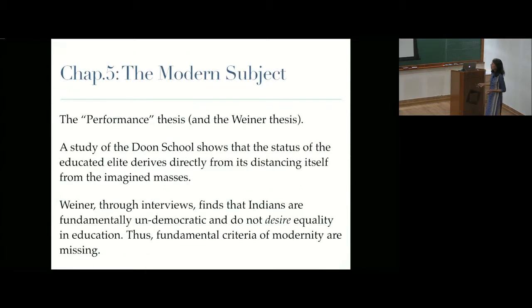Here's the last of my theses, which I want to bring to your attention. I call it the performance thesis, and it's very well presented by two people. One is Sanjay Srivastava, who has written about the Doon School.